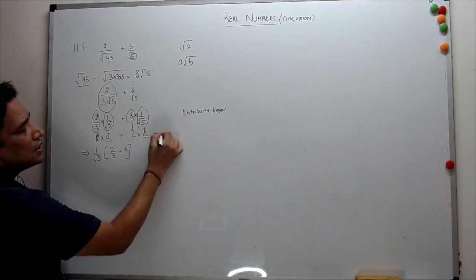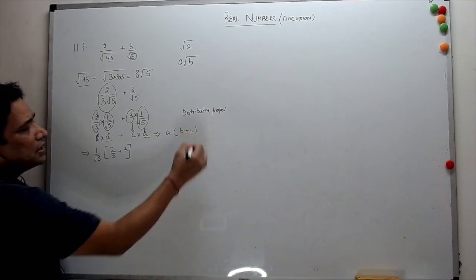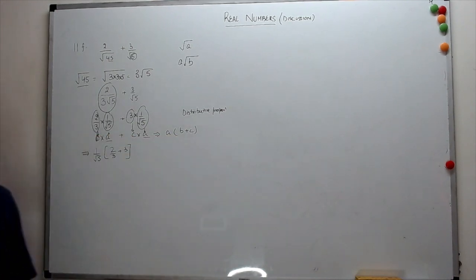Meaning I just wrote this as A into B plus C, which is nothing but the distributive law applied in the reverse direction.